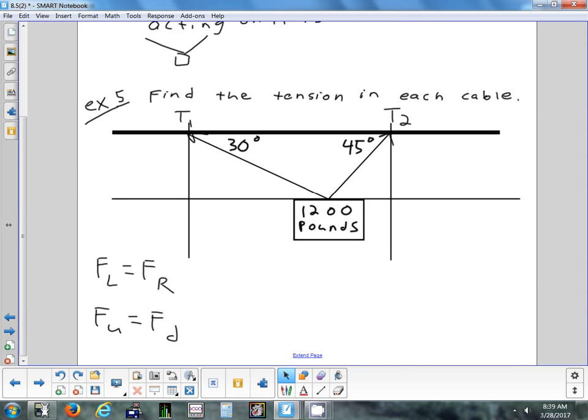Okay, so now I just created two triangles. And once I draw it out, we've separated these vectors into components. What's that force? That's a left force.